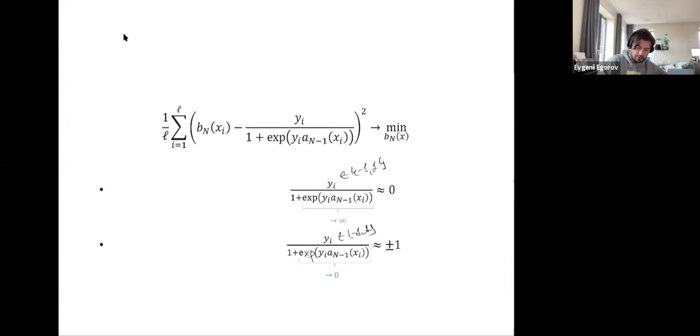So let's see. If we are correct, this means that this product will be much greater than 0. Firstly, it will be positive because we make a correct prediction. So the sign of this and this should be the same.